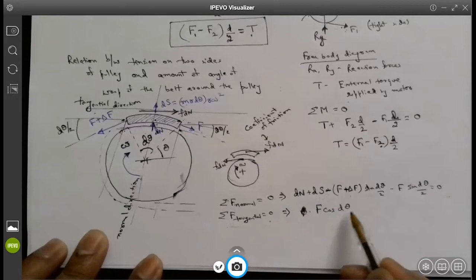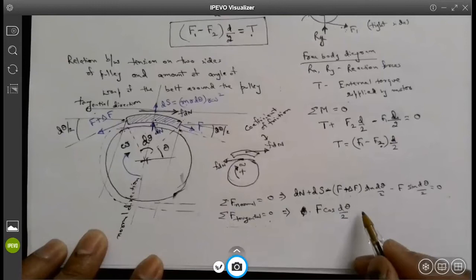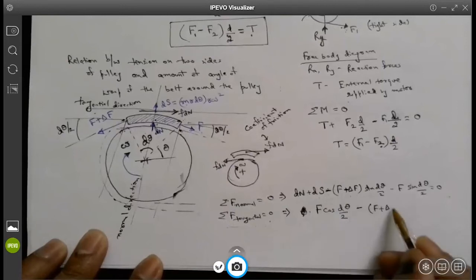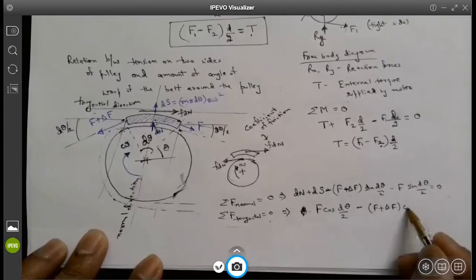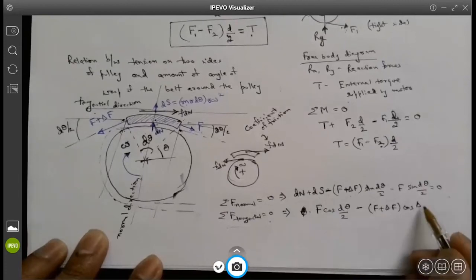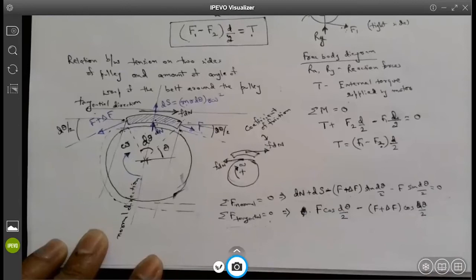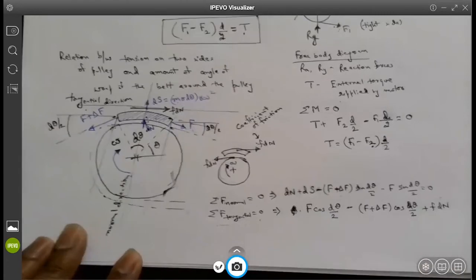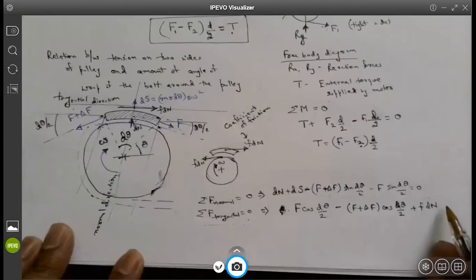Perfect. And then minus (F plus delta F) in parentheses times cosine of dθ over 2. And then plus the friction, small f, times dN. And that's it, and it equals 0.